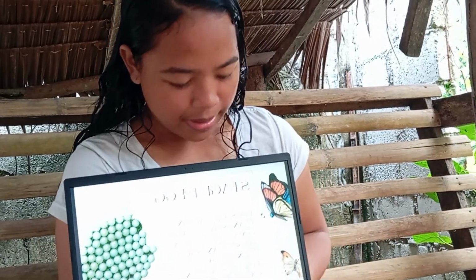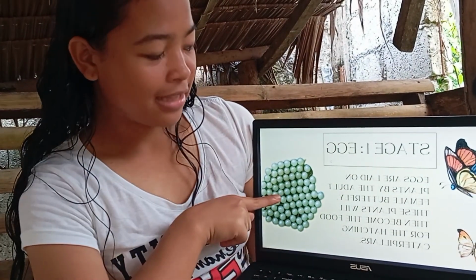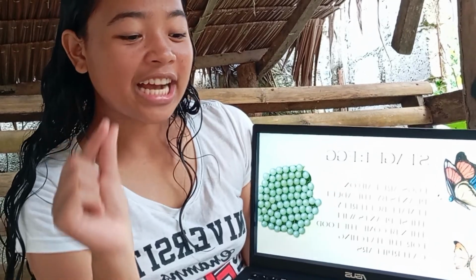And did you know that in some instances, some butterflies lay an egg that is smaller than a grain of rice? Imagine, it is so very small. So in some instances the butterfly lays eggs of that tiny size.